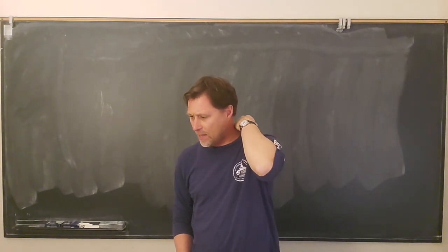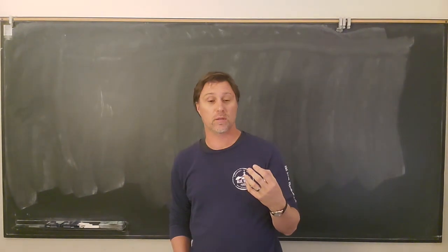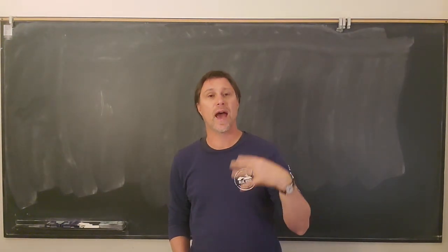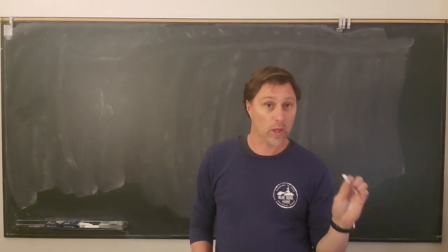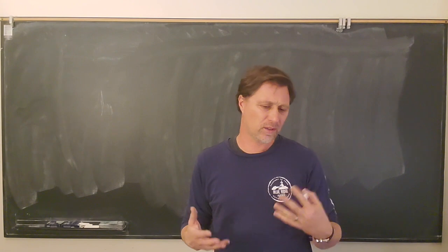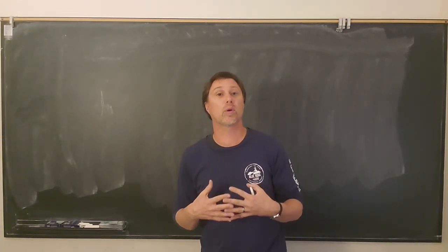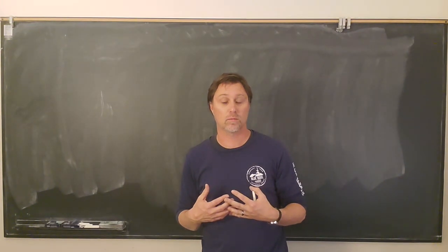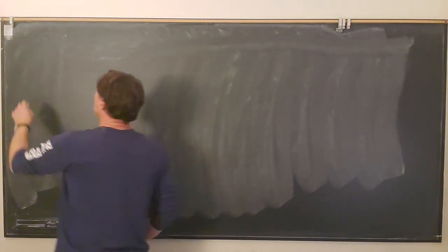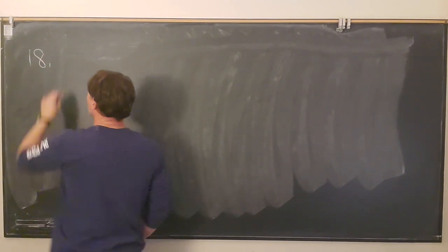So in this quarter, we're going to study objects called rings. A ring is a place where you have two operations, which we'll call addition and multiplication. We're going to generalize the true arithmetic properties of the integers into this object called a ring. In your book, we will be in chapter 18.